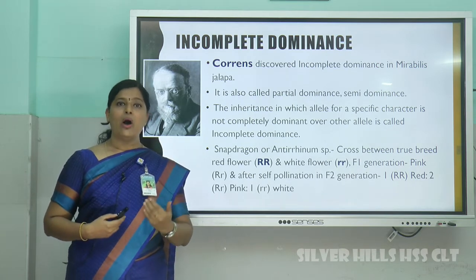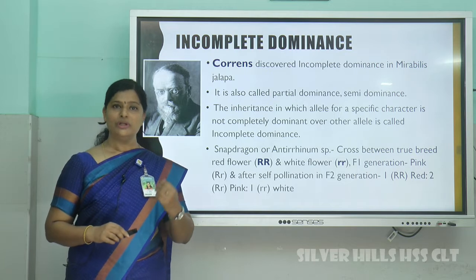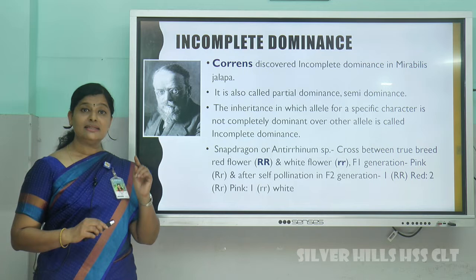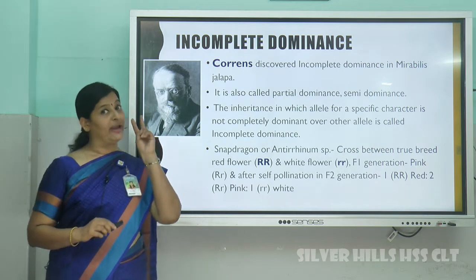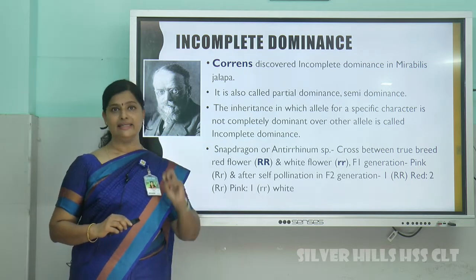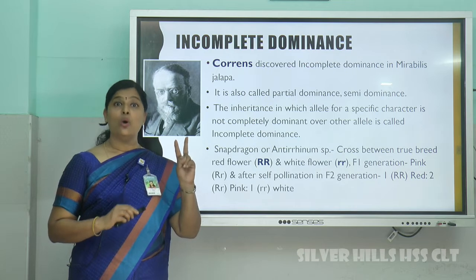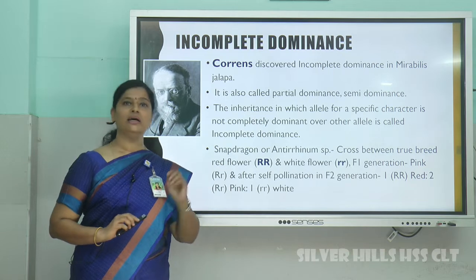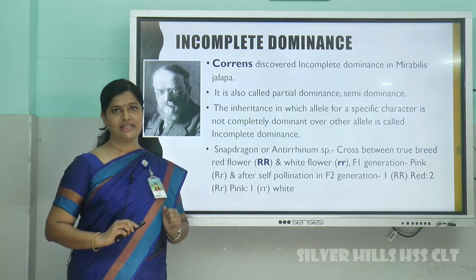According to Mendel's law of dominance, we know that each character is controlled by a pair of factors or alleles. Out of this, one allele is called the dominant factor and the other one is called the recessive factor.